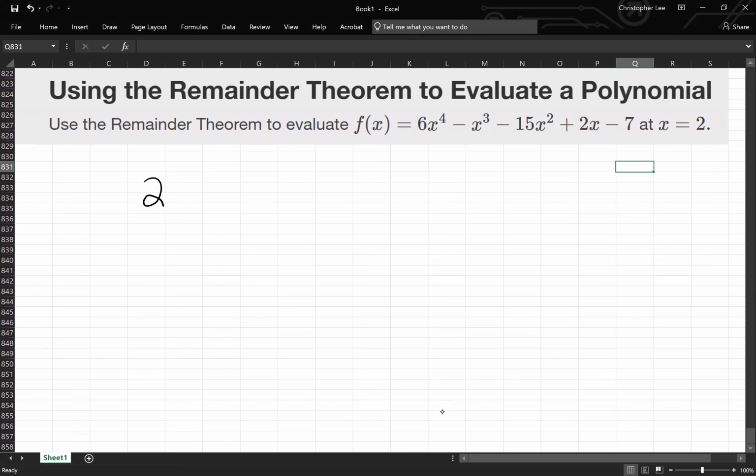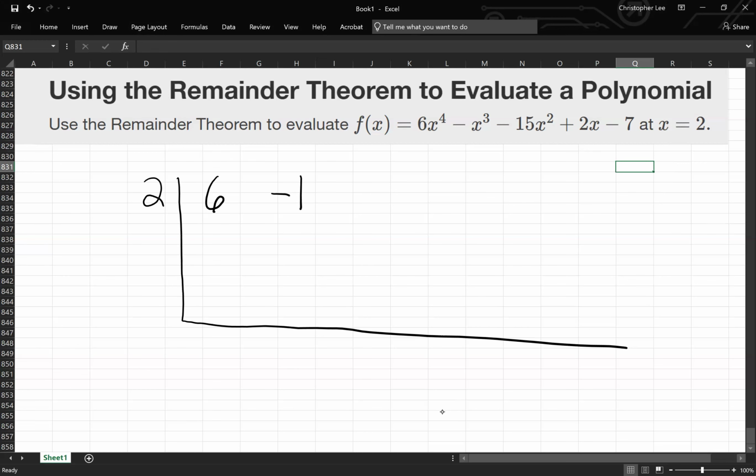I was just checking to make sure that I said x equals 2, right? So 2, I have 6x to the 4th power, negative 1x cubed, negative 15x squared, positive 2x minus 7.